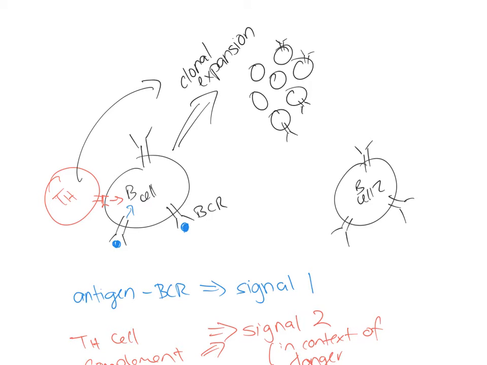So now we have a whole clone of identical B cells that are going to start secreting free antibody. And we talked about the different classes of antibody that can be produced. So those antibodies are going to now go into the blood. They're going to circulate. If they're IgAs, they're going to go to the mucosal system. If they're IgMs, they're going to congregate.